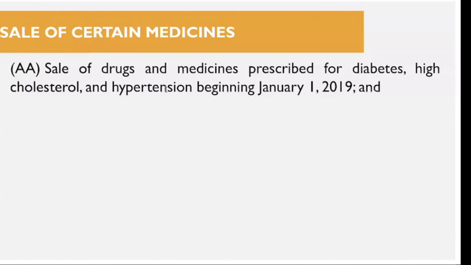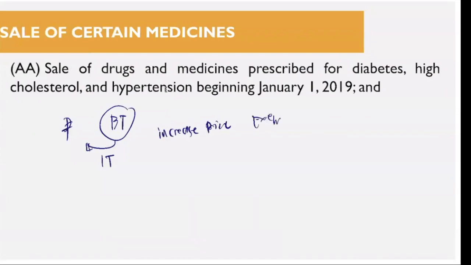Di ba, alam nyo naman that business tax is considered an indirect tax. Being an indirect tax, it should increase the price. Okay? So if you exempt that item, it should decrease the price.